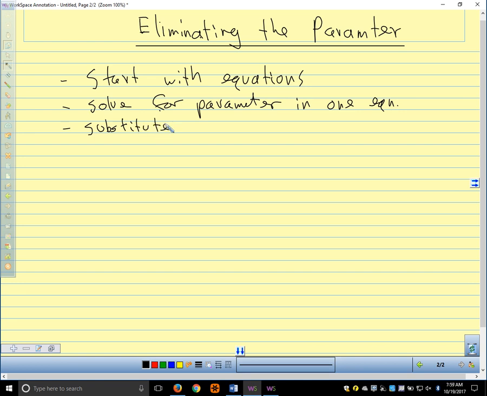And once we make our substitution, we have to adjust the domain, because the domain of the parameter is then going to determine the domain of our explicit function. So let's look at a couple of examples where we eliminate the parameter.